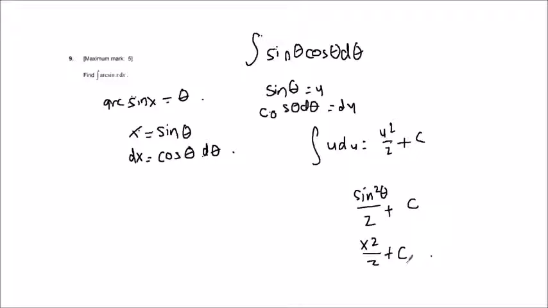There might be a flaw that I just couldn't find. It's just 5 points. I might go back to this question. It shouldn't be as easy as x squared over 2 plus c.